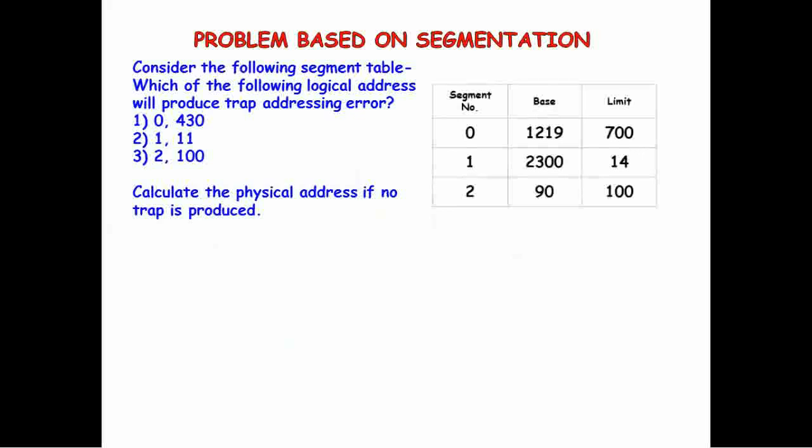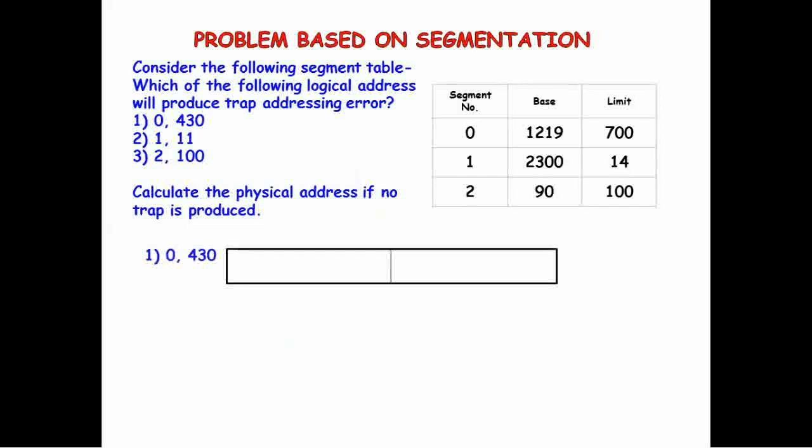The logical address is given as 0, 430. We already know that in segmentation the logical address consists of two parts. One is segment number and the other one is segment size. The segment number is given as 0. The segment size is given as 430. In the given problem, if you see the table, for segment number 0, the limit is given as 700.